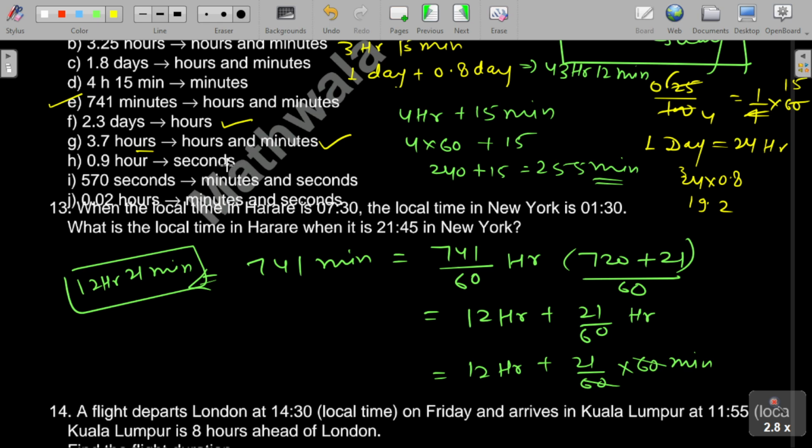0.9 hour in seconds. This one I do. 0.9 hour in seconds. We know that 0.9 hour is 0.9 into 60 minutes and 1 minute is 60 seconds. So we can change 0.9 into 60 into 60 seconds.